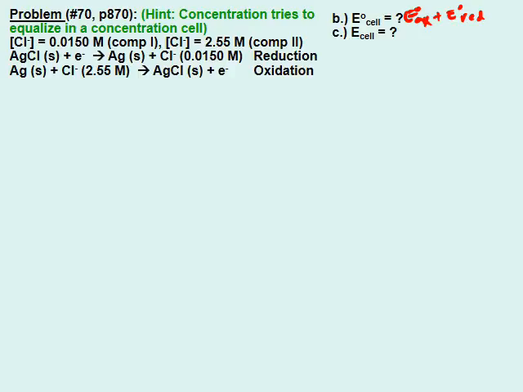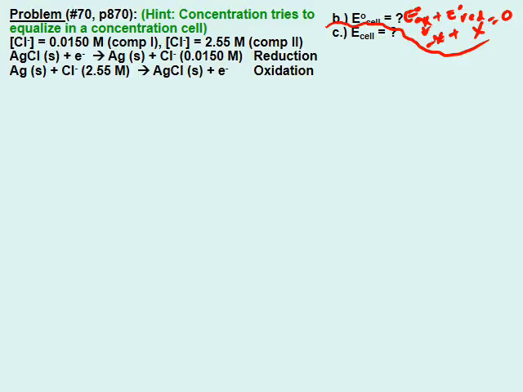So if the oxidation value is X, the reduction value would be minus X. So if you think the reduction value is X, oxidation will be minus X, and that gives it equal to 0. Let me repeat this. For E0 cell, which represents standard cell voltage, the concentration of Cl minus has to be 1 molar.